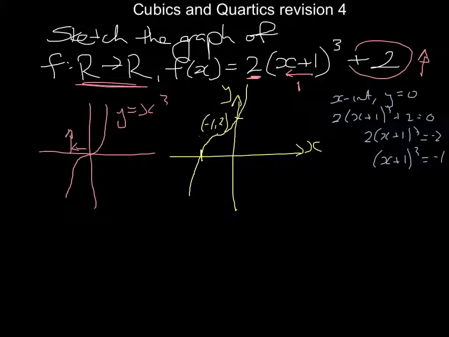And then we can take the cube root of both sides, which will give us x plus 1 is equal to the cube root of -1, which is just -1.